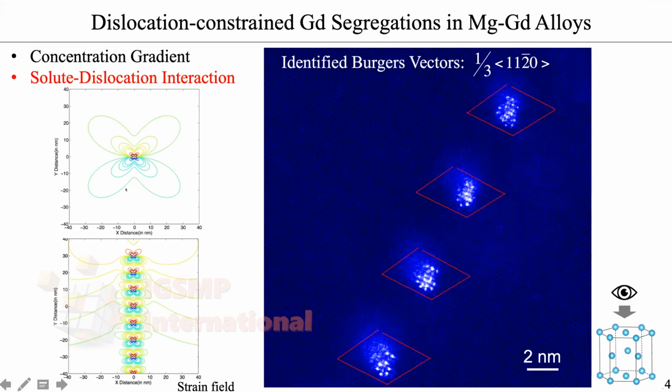And because gadolinium is a little bit larger in size compared to magnesium, those gadolinium atoms prefer these tension areas, so that there is less lattice distortion induced by sitting in the lattice, and such strengthening will become stronger if we can see parallel dislocations in arrays, and that is likely the configuration at the grain boundaries. So here I'm just showing you experimentally what we can see there.